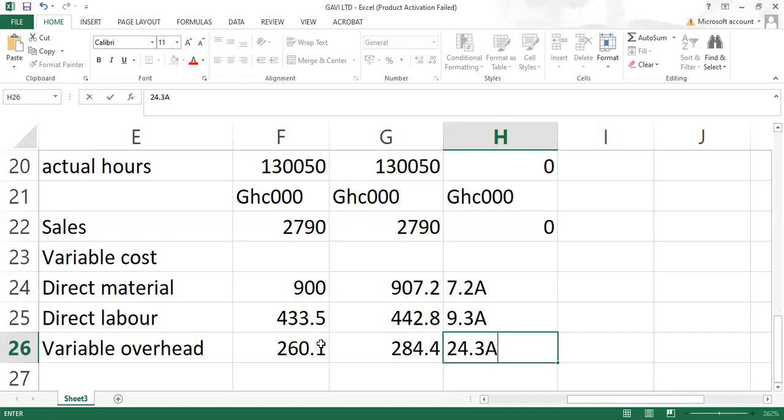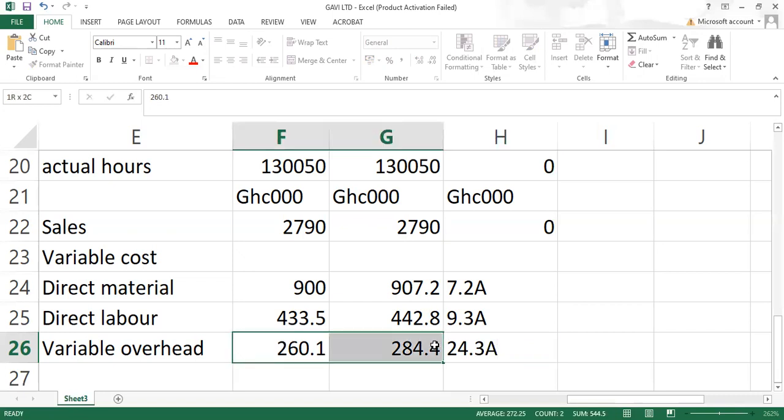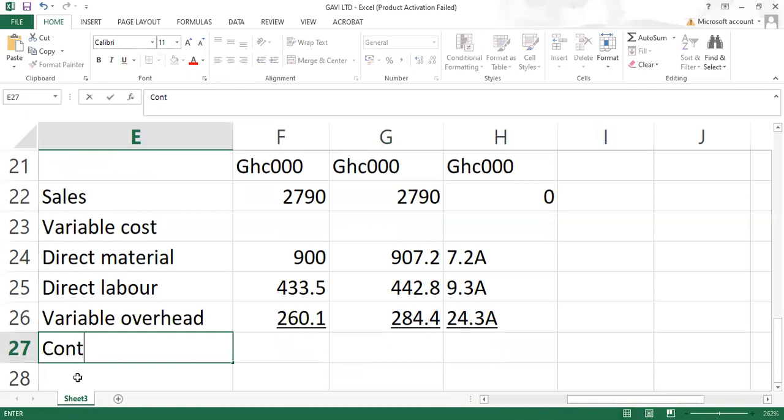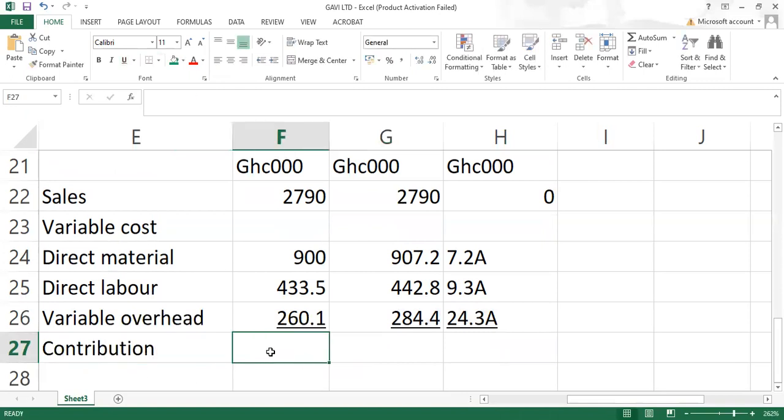Okay. So let's come here. After this one, what do we do? We find contribution, because they are preparing this one in profit or loss format. So how is contribution calculated?